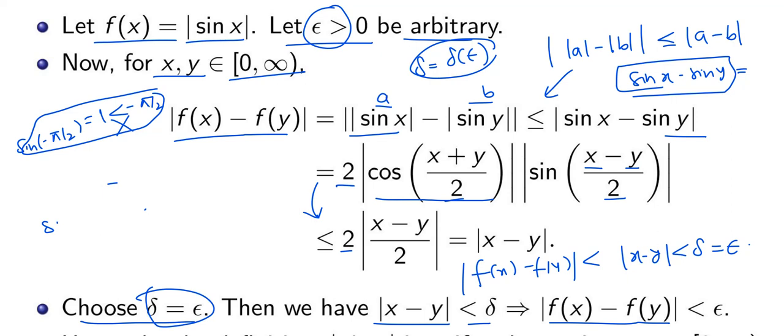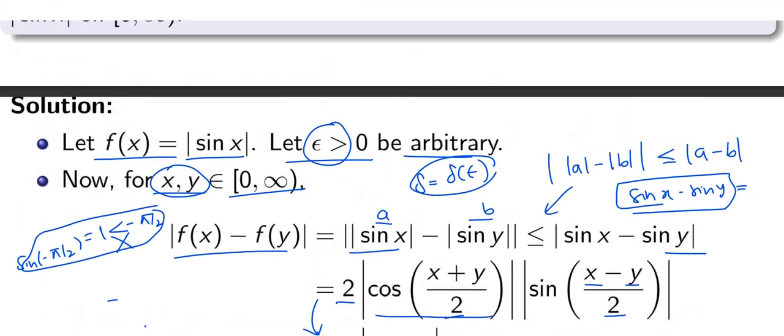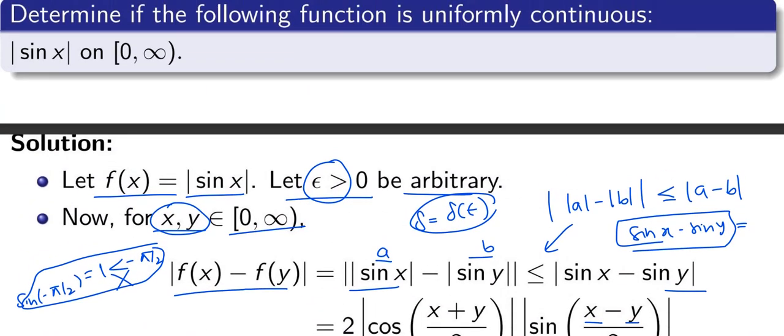So we have taken arbitrary x and y and we get modulus of f of x minus f of y less than epsilon whenever modulus of x minus y is less than delta. So by the definition of uniform continuity, we have proved that this function, modulus of sin x on 0 to infinity, is uniformly continuous.